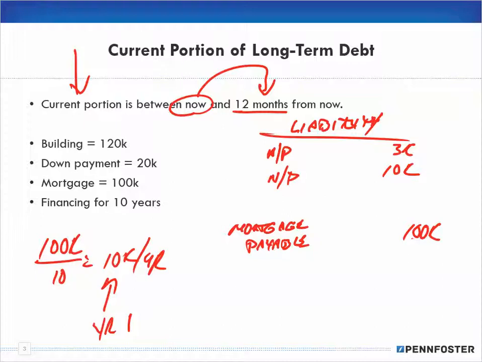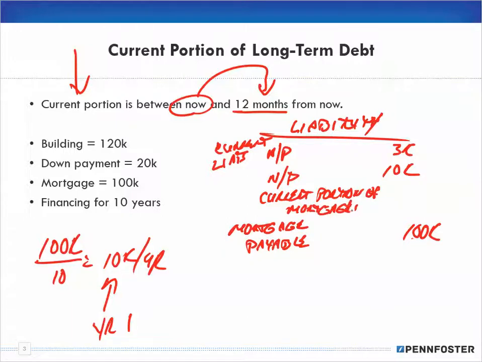When it comes to creating your balance sheet, in your current liabilities, you physically write in current portion of mortgage payable. Now, that current portion is $10,000.